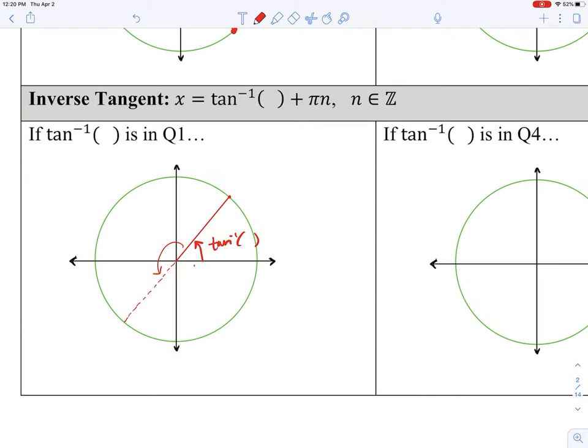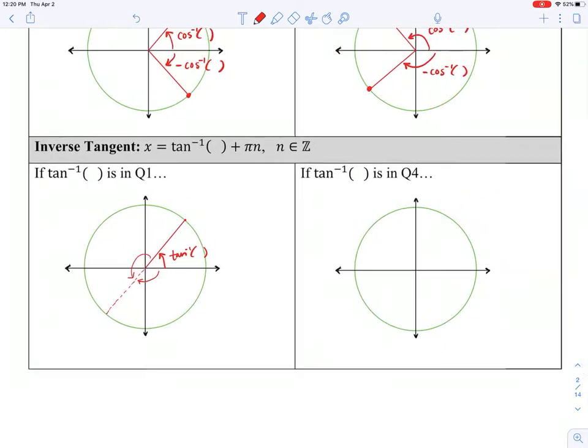So we don't need to have two separate equations, because if we keep subtracting pi, then we would hit back in quadrant 1 and then back in quadrant 3, quadrant 1, quadrant 3, and so by putting plus pi times n, we cover all of the angles from quadrant 1 as well as quadrant 3, so where tangent is positive.